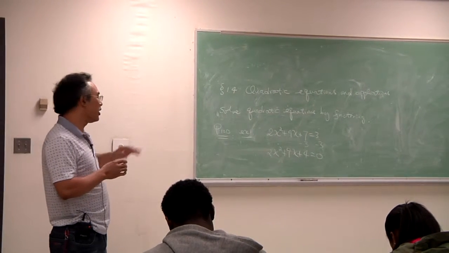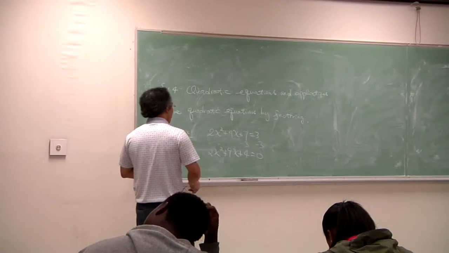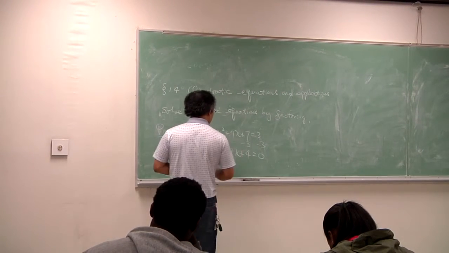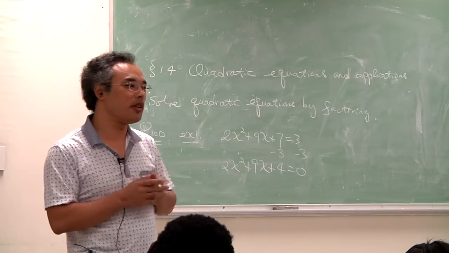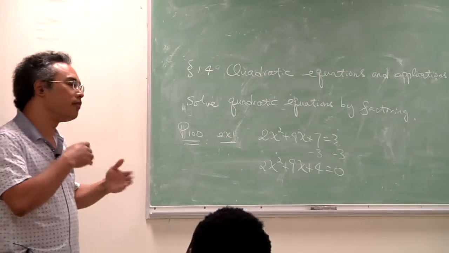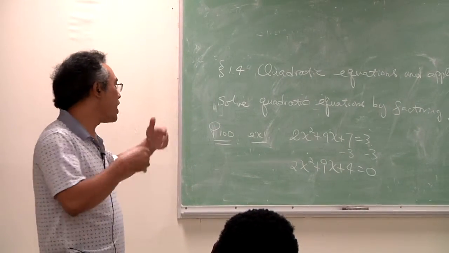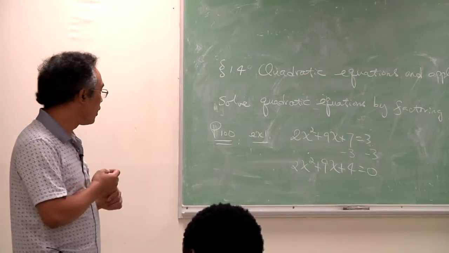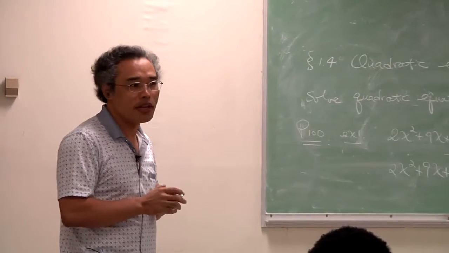So how do we factor the left side? We discussed the factoring before. There are different ways to do it, but for quadratic terms like this, we can use factoring by grouping.